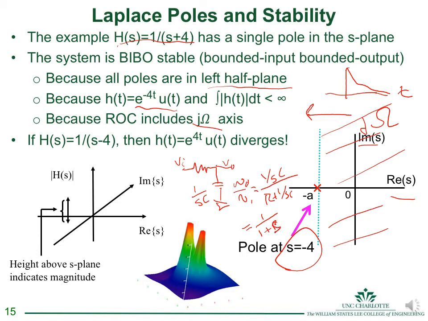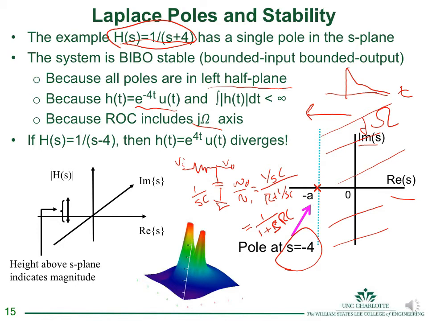That has the general form of the equation. So this has a single pole at a location minus 1 over RC for the RC filter. And so clearly an RC filter is a stable system.